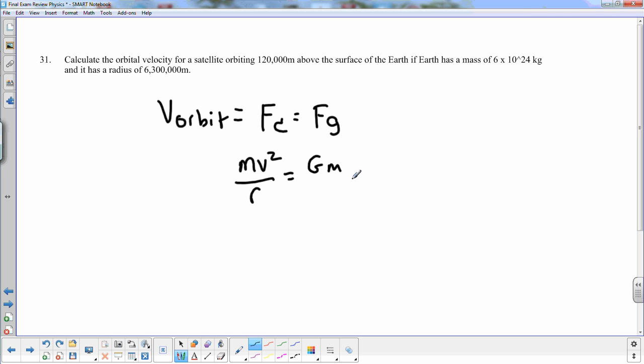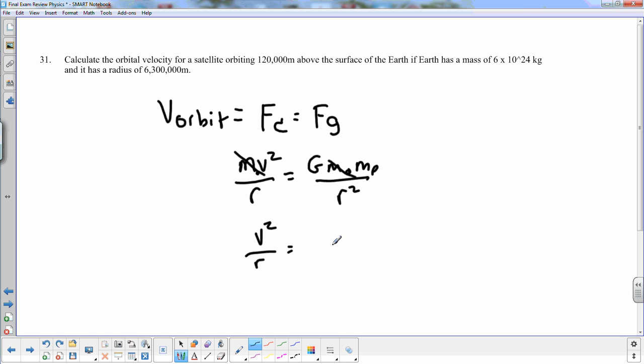That goes away. So we end up with the equation v squared for orbital velocity equals big G mass of the planet over r. Or orbital velocity equals the square root of big G mass of the planet over r.